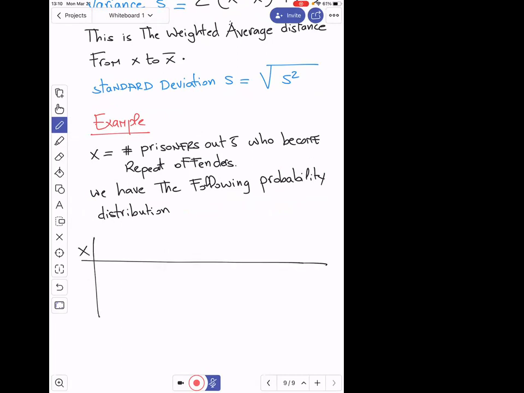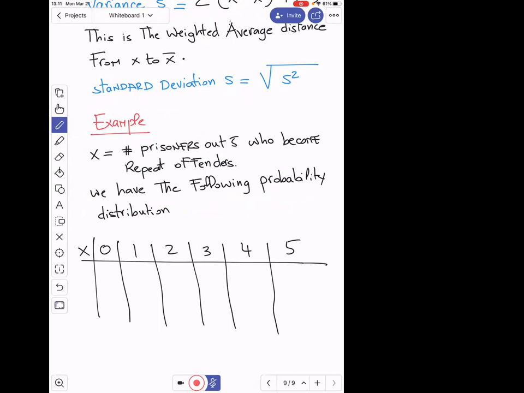Out of 5, X can be 0, X can be 1, can be 2, can be 3, can be 4, and can be 5, okay?